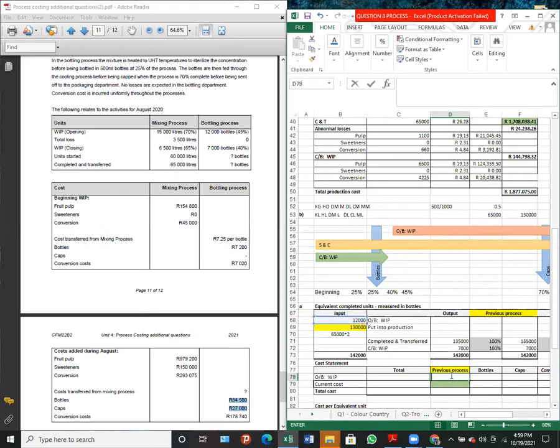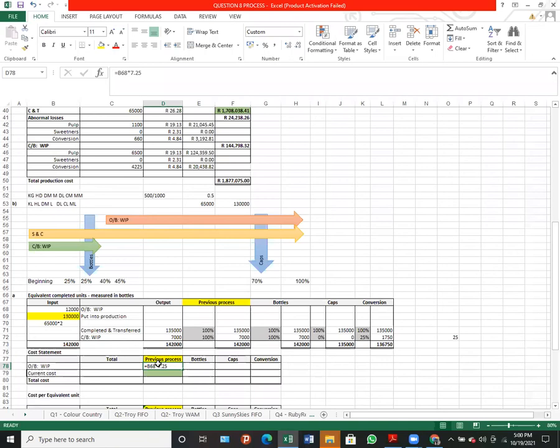Let me do this. You see, this times R7.25. I try to use the formulas, okay.